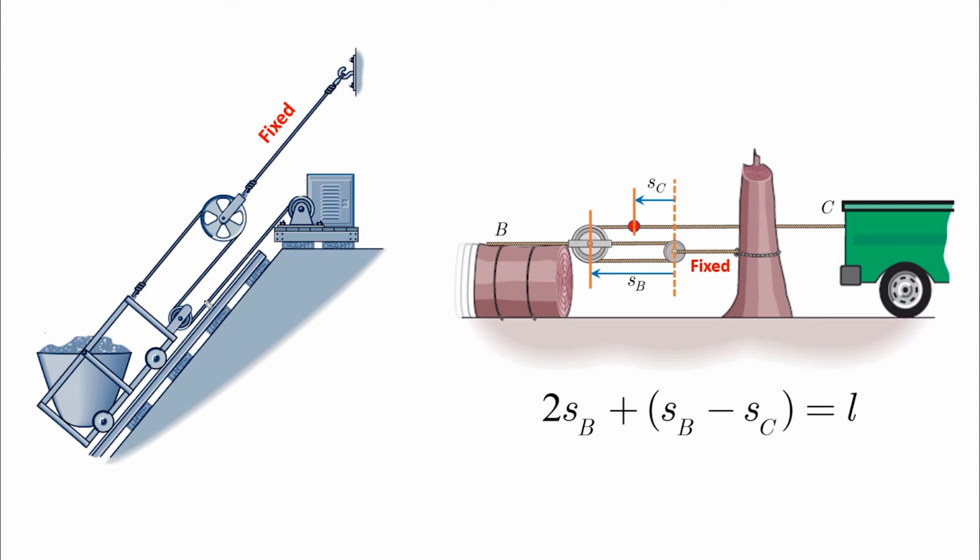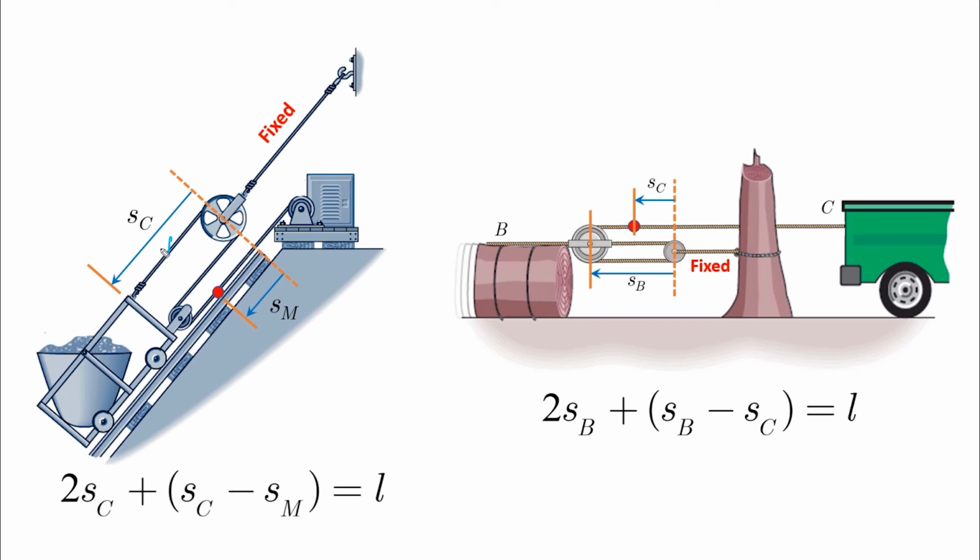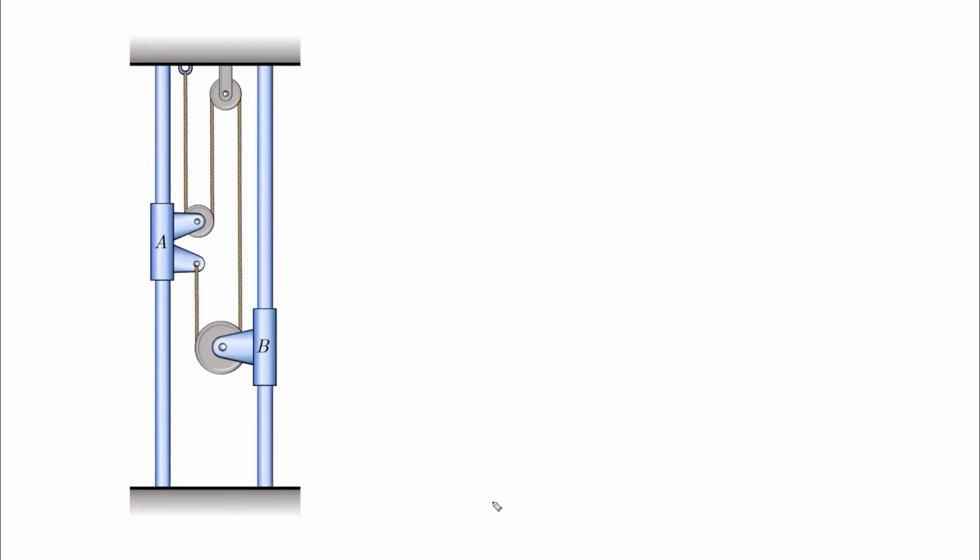Just specify a point going to the motor, specify the coordinates for the car, for example, C, and a coordinate for the point going to the motor, which is SM. Adding these together, we have 2SC plus the small segment, which is SC minus SM, and it leads to exactly the same problem.